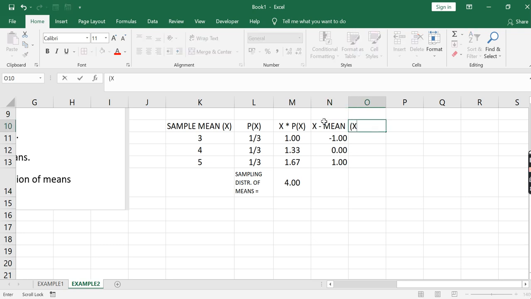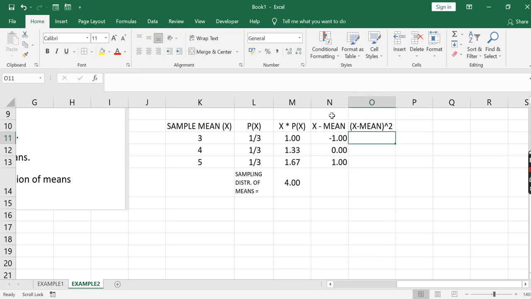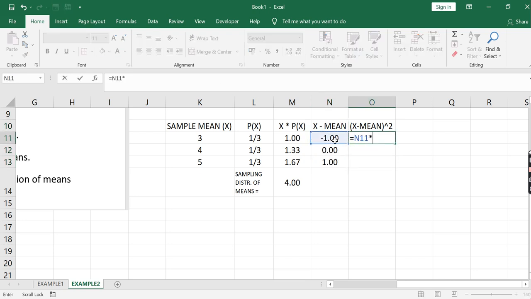Next, let's get the x minus mean squared. We'll be squaring the values in column N. Remember, when you say square, you simply multiply the value by itself, or raise it to 2.